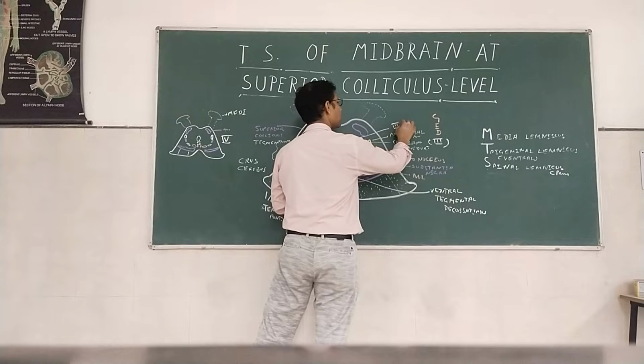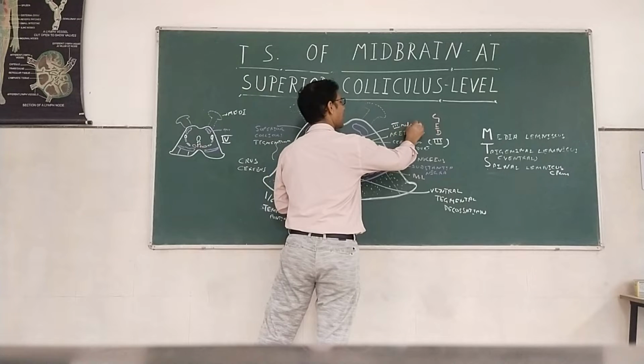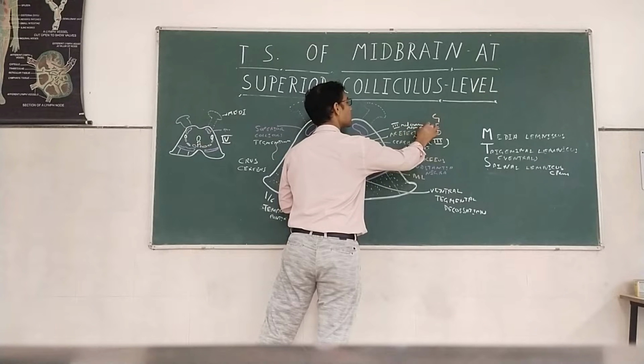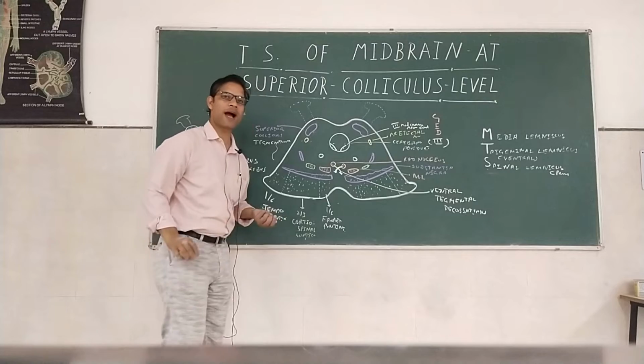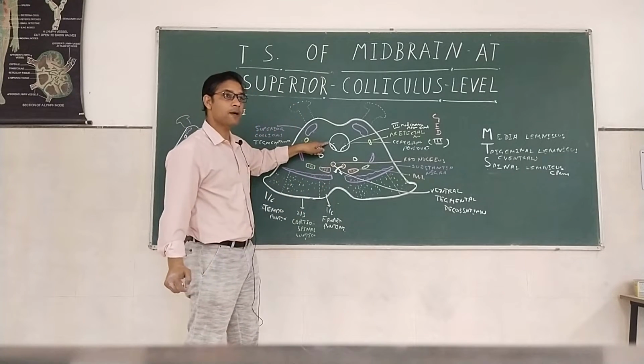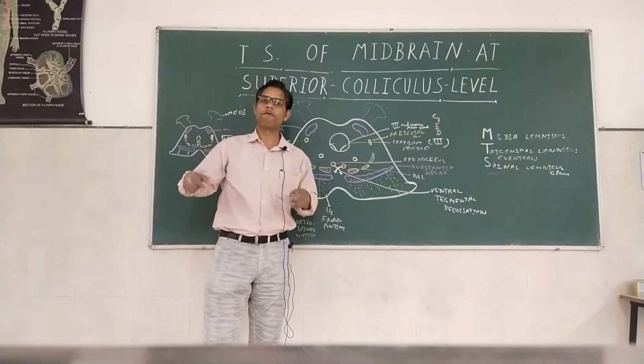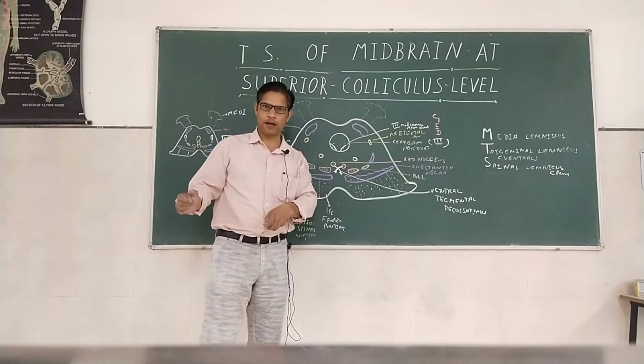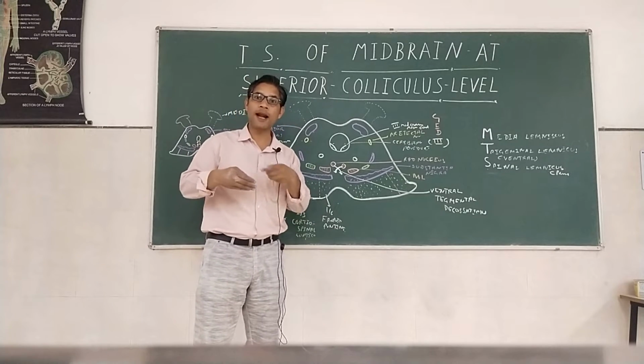The third cranial nerve, that is the oculomotor nerve, nucleus is not only a nucleus, it is actually a complex. Why? This is divided into the dorsolateral part, intermediate part, ventromedial part and superior part.